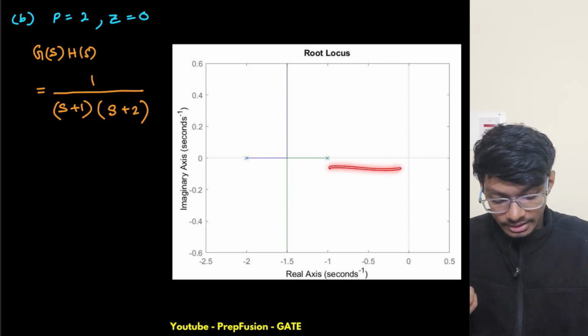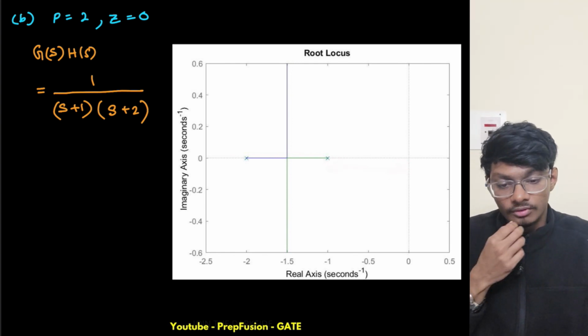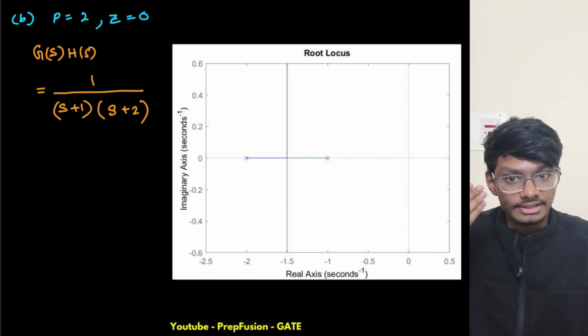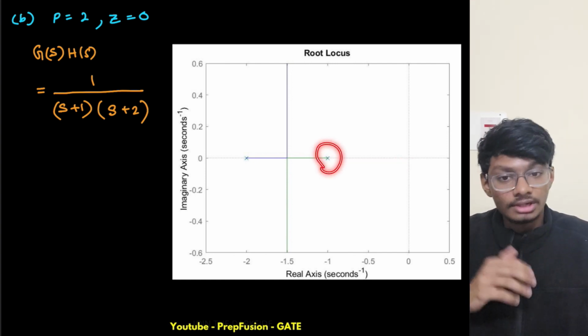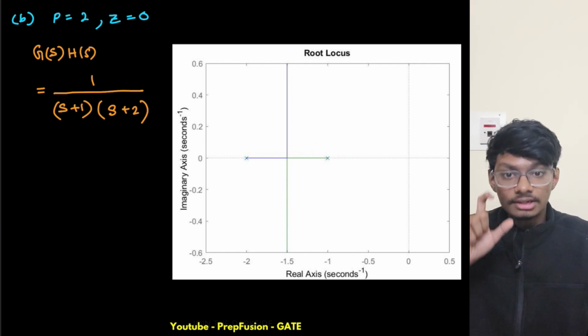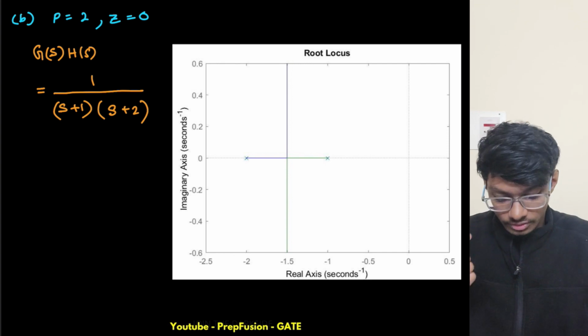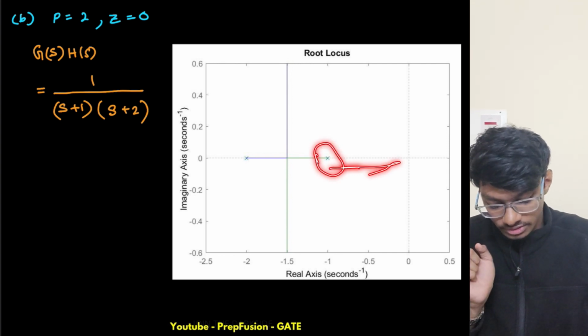So this distance will reduce, hence my time constant will increase. The time constant is the negative reciprocal of the real root. So as this is reduced, the time constant increases.